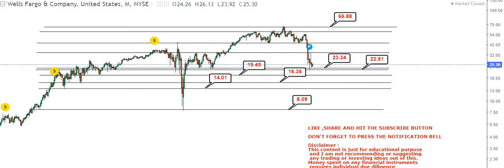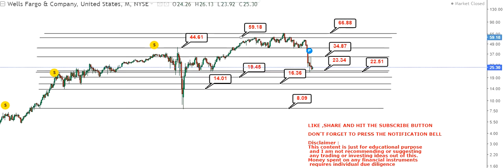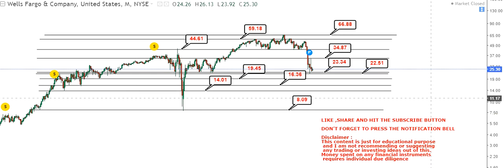For the upside, your first target will be 34, your second target 44, then 59 or 59.18, then 66.88. I refer to these as resistances; you can call them targets, both are similar.